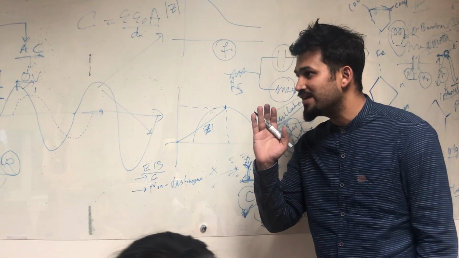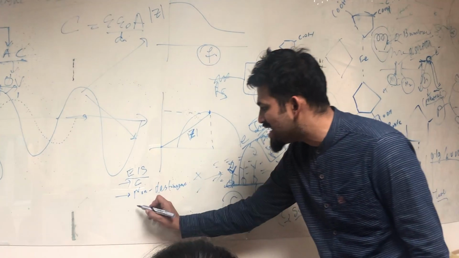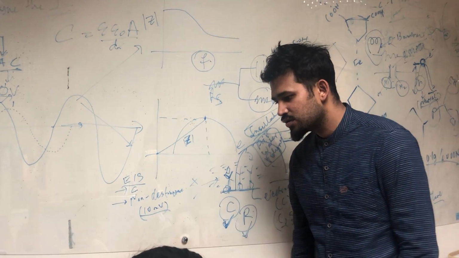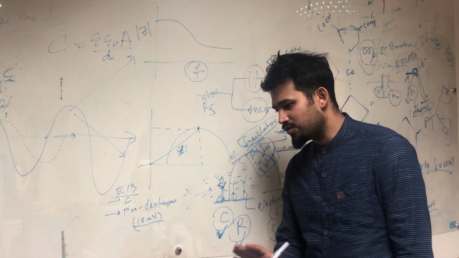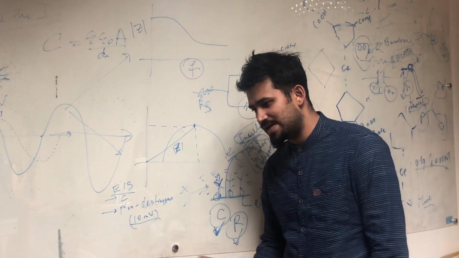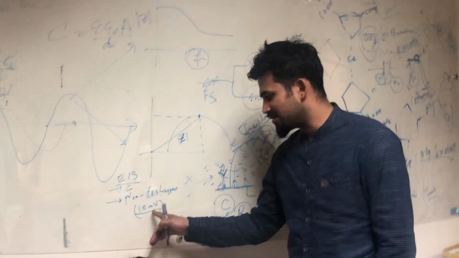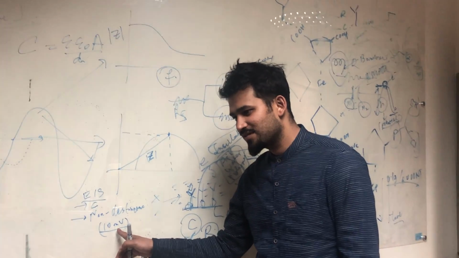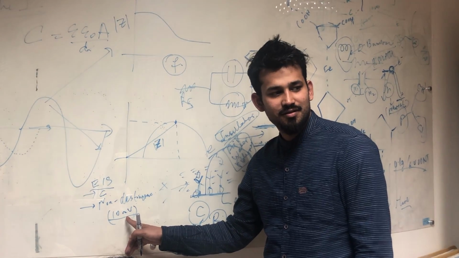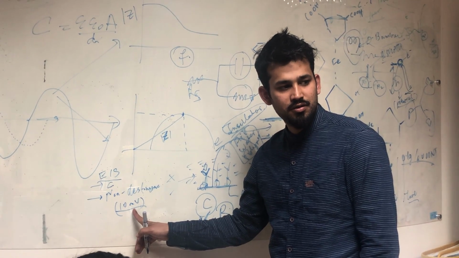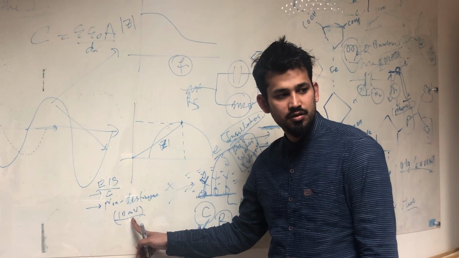Do you understand the difference now? This is 10 millivolts. Scan rate is completely different. Even in EIS it's in the range of 10 to the power minus 6 volts or something.